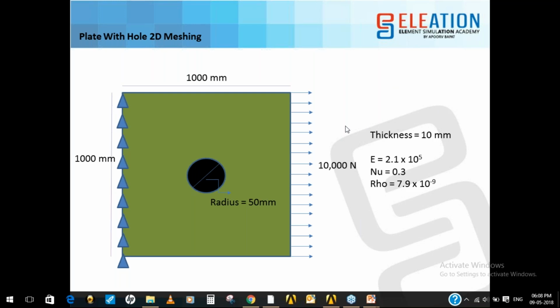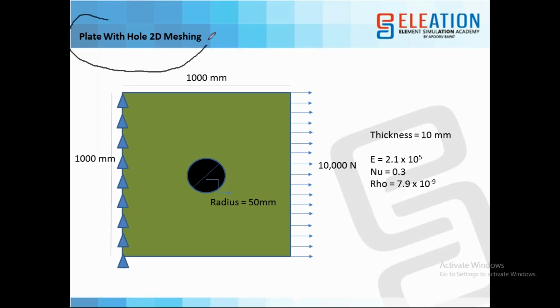Okay, so I've got a reply from almost all of them. Now I'll explain this problem statement. In this problem statement, we'll be creating a plate which will have a hole at the center, and the dimension of the plate is given over here.